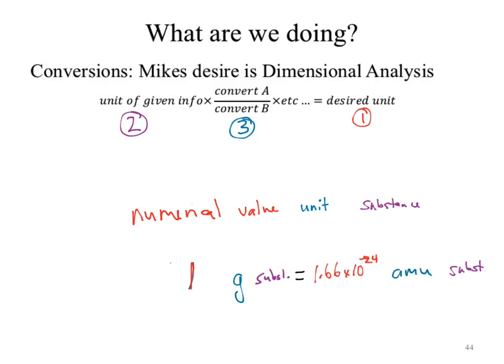Oh. So I blame you for fixing me when I'm wrong. 1.66 times 10 to the minus 24th grams of a substance is 1 AMU of a substance. Right? How useful is that to memorize? Did I memorize it? No. Very easy to get it swapped. This is why you have it on the exam. Use the exam. Take advantage of it.